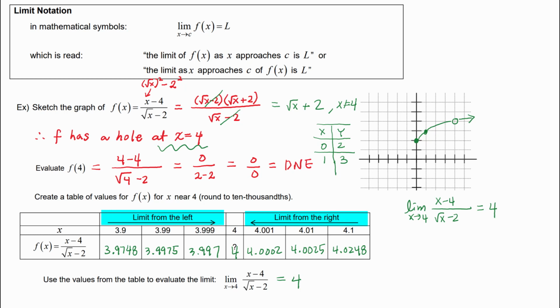You can see from this table, the limit from the left was 4, and the limit from the right was also 4. And because they match, we can conclude that the limit of this function as x approaches 4 is 4.